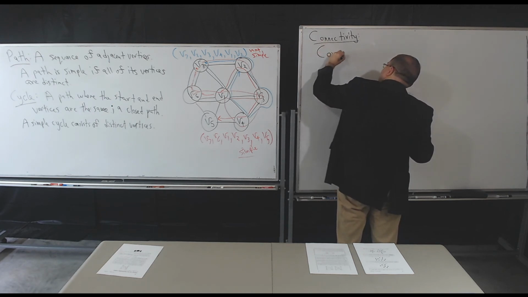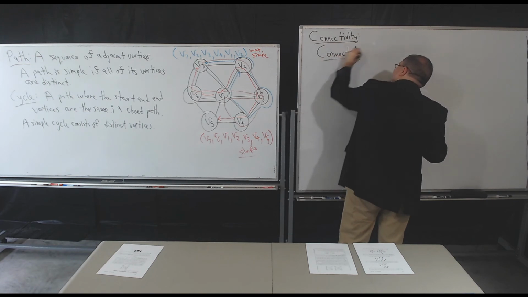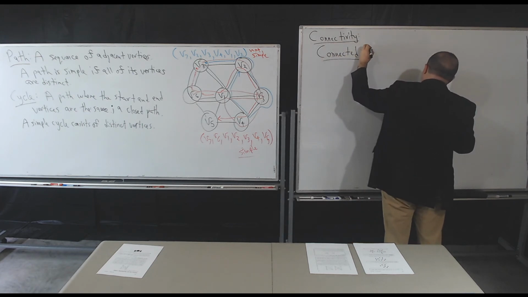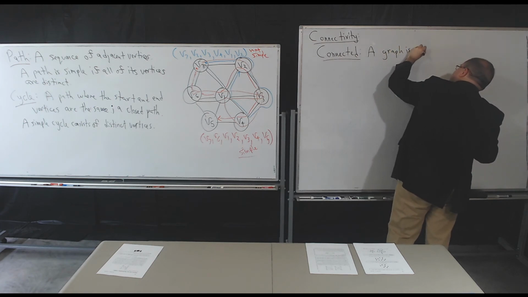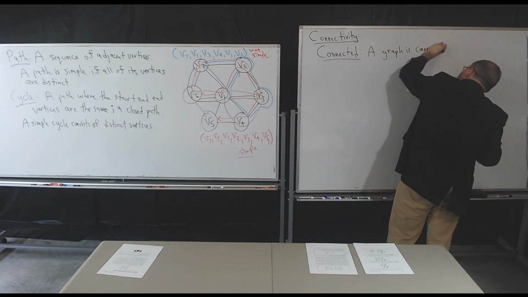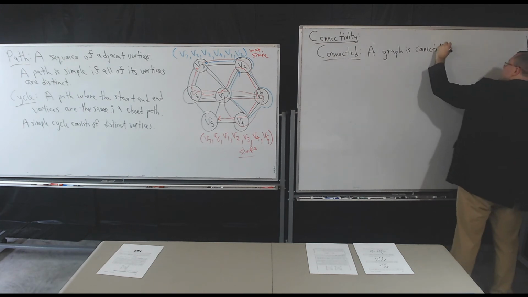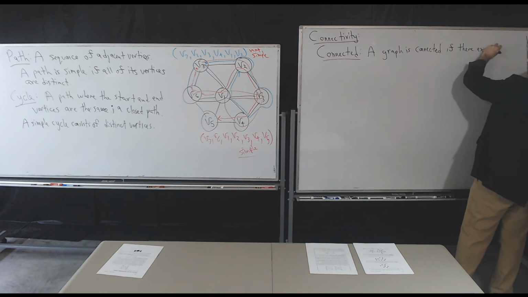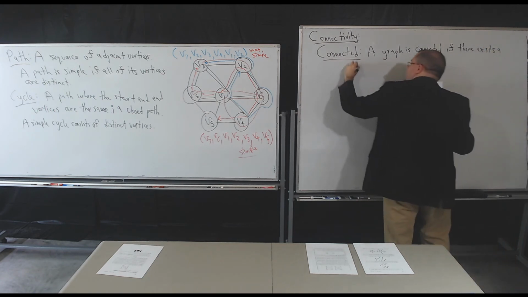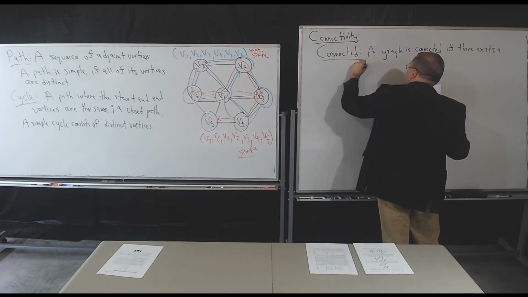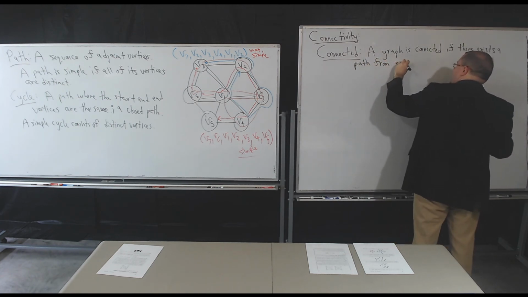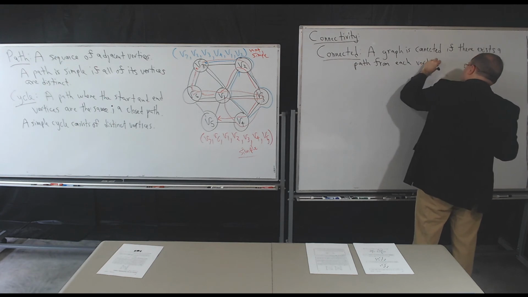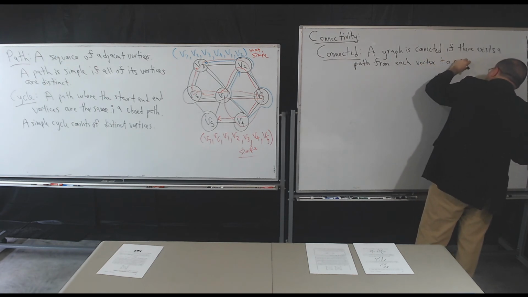We say a graph is connected if there exists a path from each vertex to every other vertex.